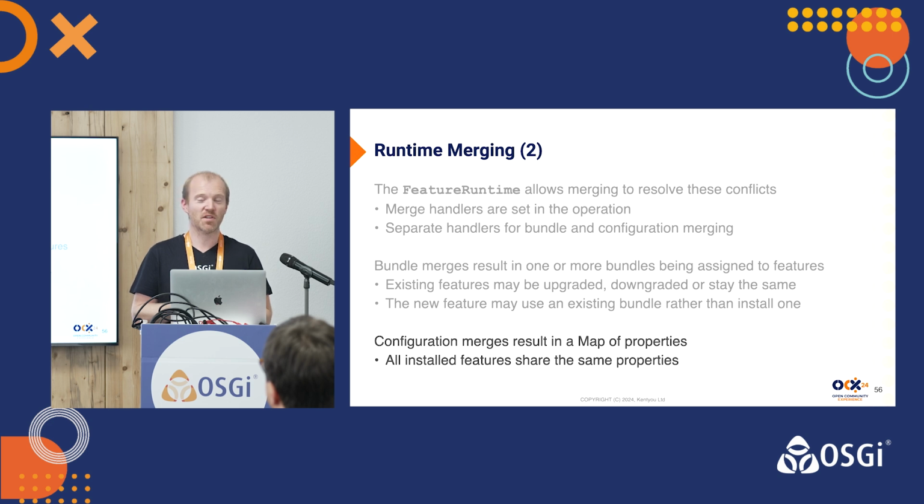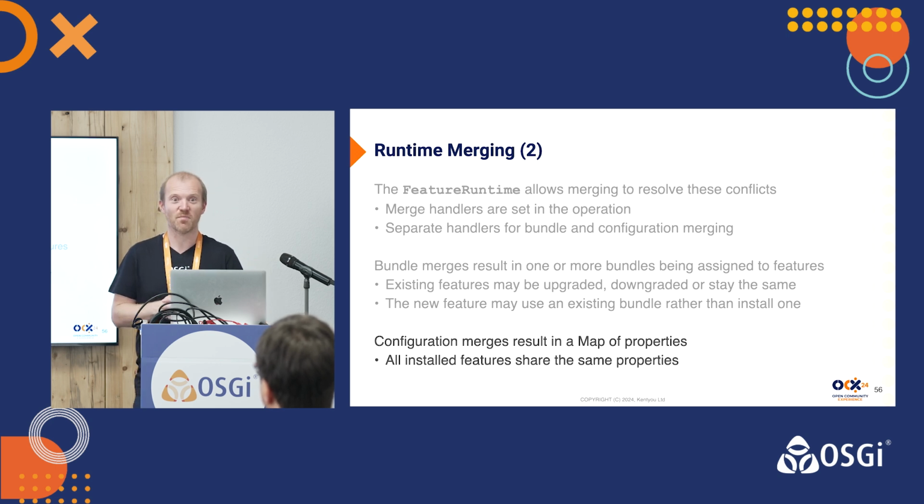But you may wish to introduce something that does, for example, a merge, where you overlay the properties from one configuration over the top of the other so that you get the union of the two of them, with the later installation taking precedence if there are clashes. Or you may choose to go the other way and you only add the properties that didn't exist previously. Or again, you may choose to do something completely different.